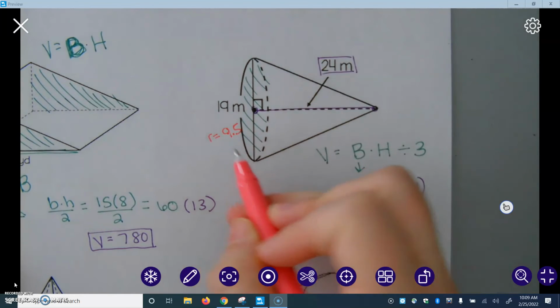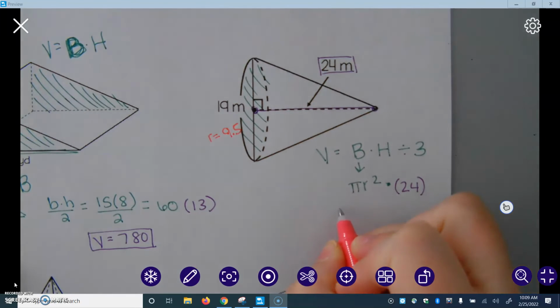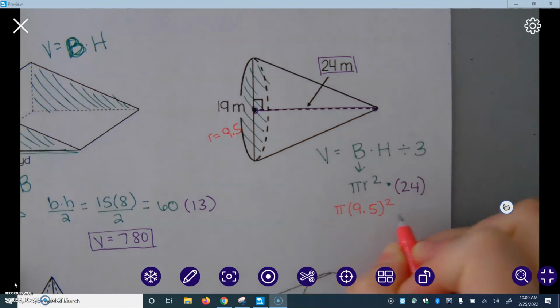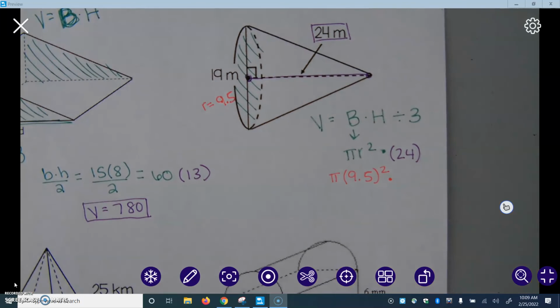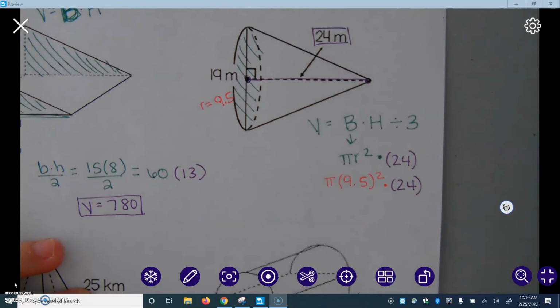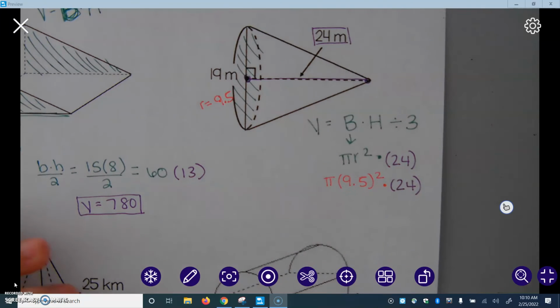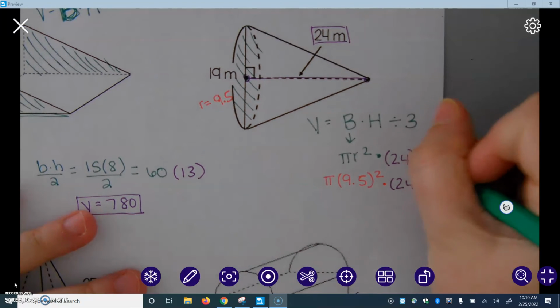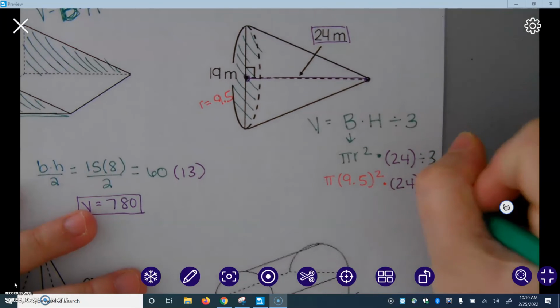So that's what I'll plug in for R. So pi times 9.5 squared times the 24. And I'm just going to plug that in the calculator and then divide that number by 3. So pi times 9.5 squared times 24 divided by 3.